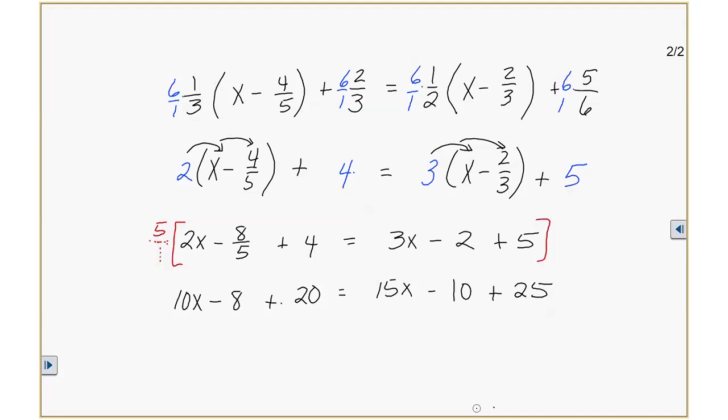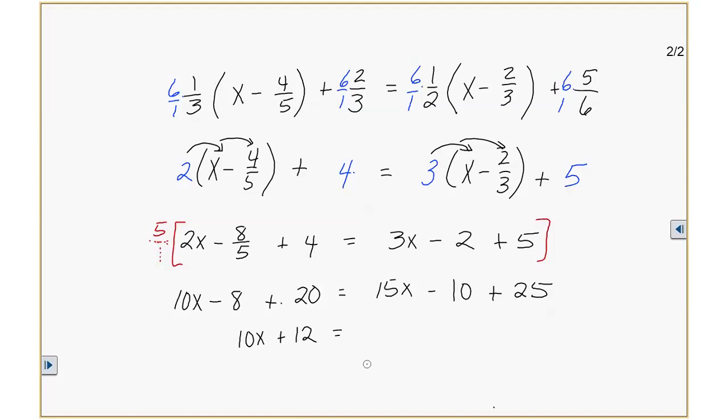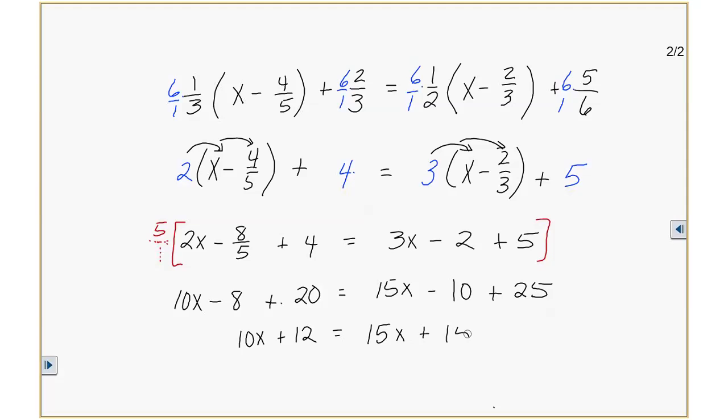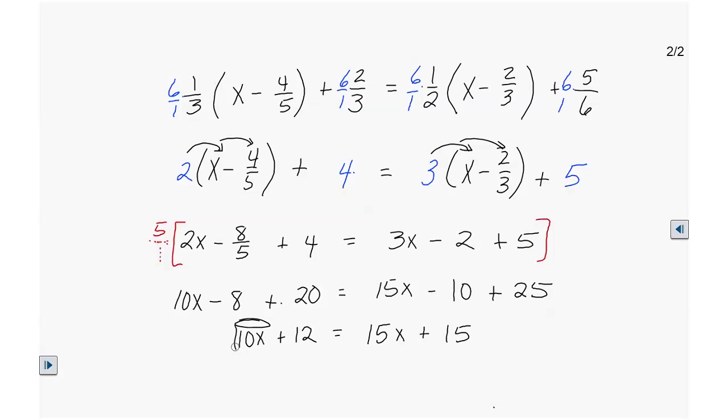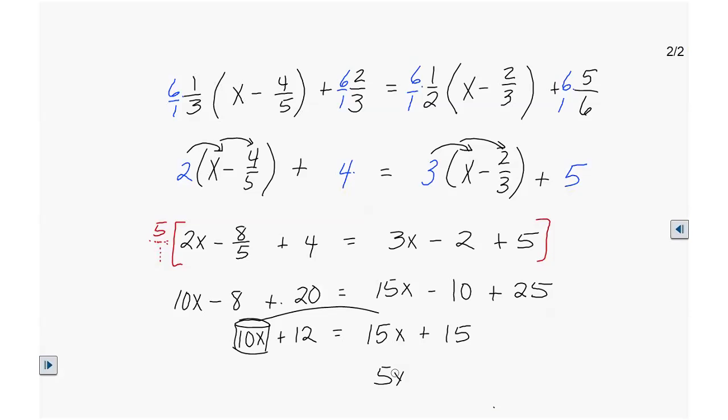What is -8 plus 20? What's -10 plus 25? Which one's the smallest bucket? Take it across the river, you get 5x.